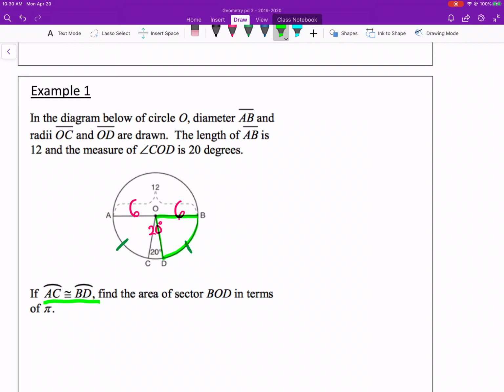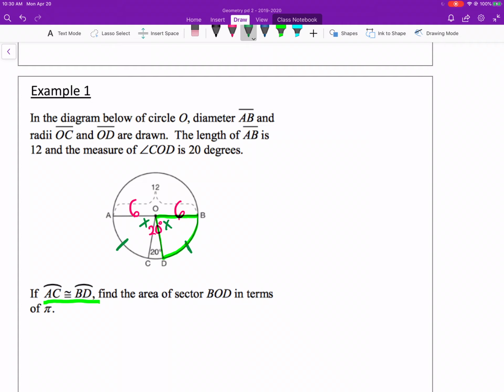So we have to use the piece of info that they told us, the fact that the arc AC is congruent to arc BD. So this central angle here and the central angle there, x and x, are equal to each other. How do I know that? Because the arcs are equal.